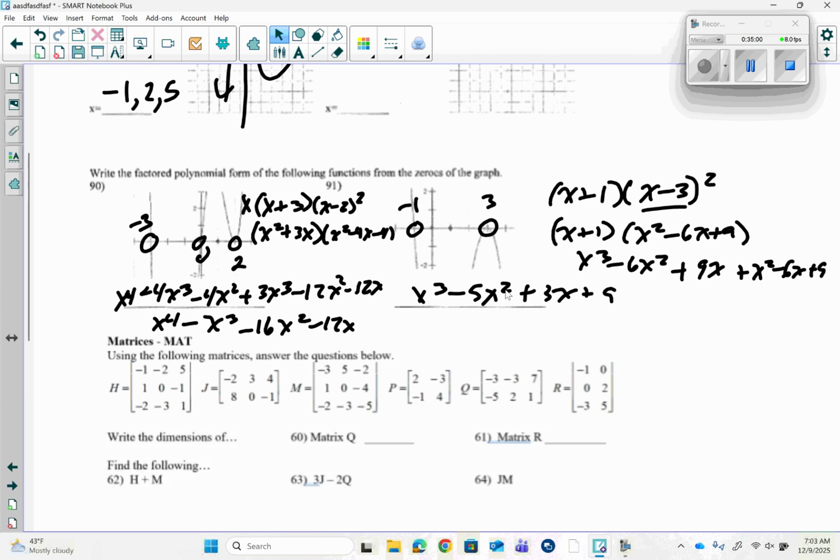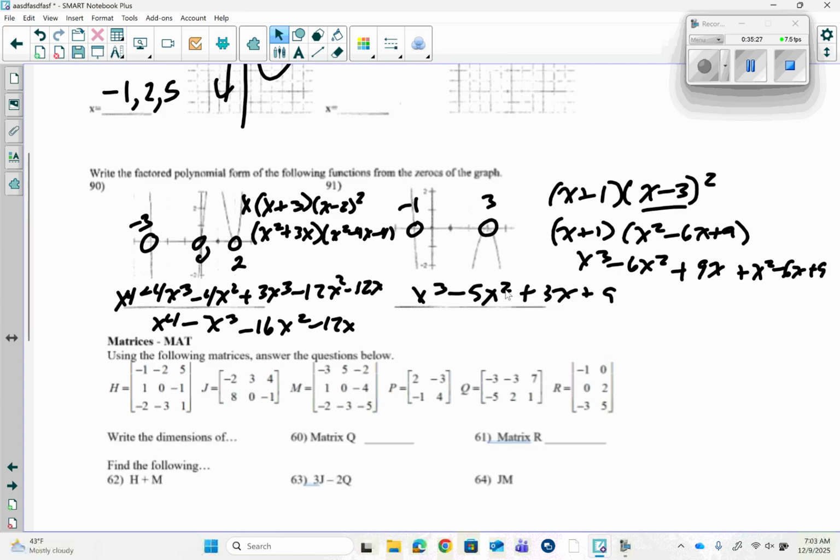All right, so we want to make sure we plug these into the graphing calculator. So I'm going to write these matrices down so I can plug them in. I'll pull up a calculator here. This is H, so -1, -2, 5, 1, 0, -1, -2, -3, and 1. J is -2, 3, 4, 8, 0, -1.